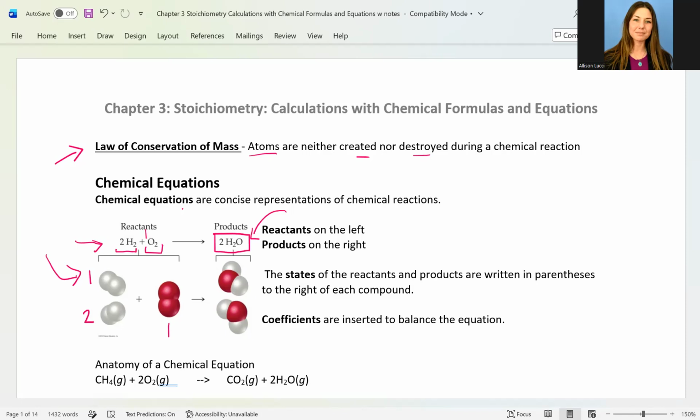So there's no coefficient shown when it's just 1, like so with oxygen with O2 here. And now we have 1, 2 molecules of water. So we know water is 2 hydrogens. So there's 1, 2 on each of these water molecules, and then just a single oxygen in the middle.